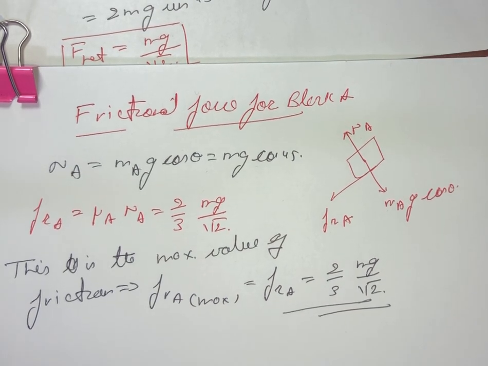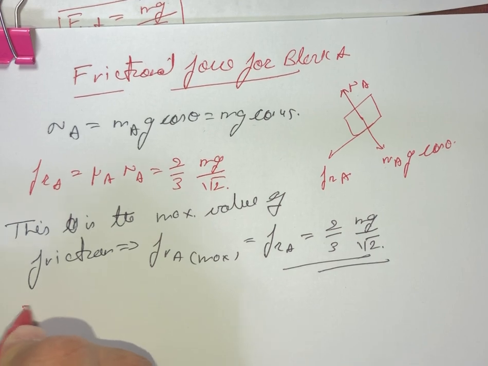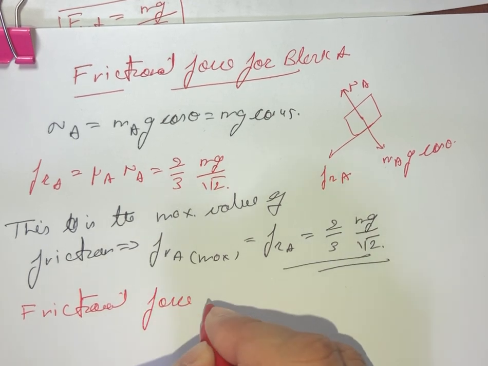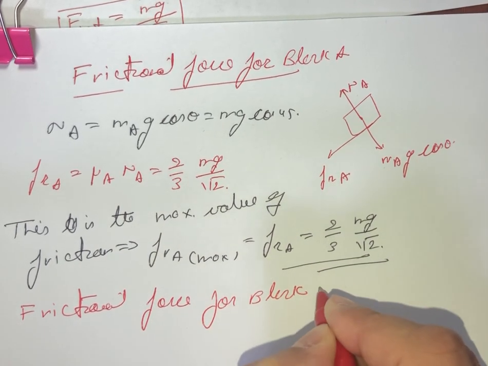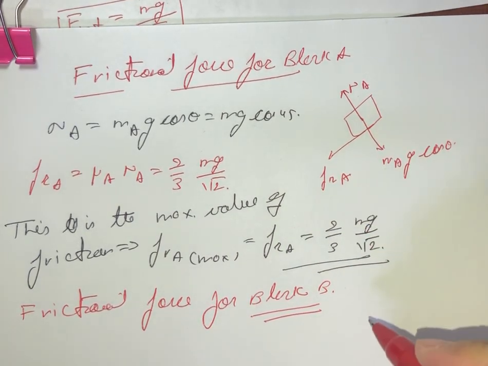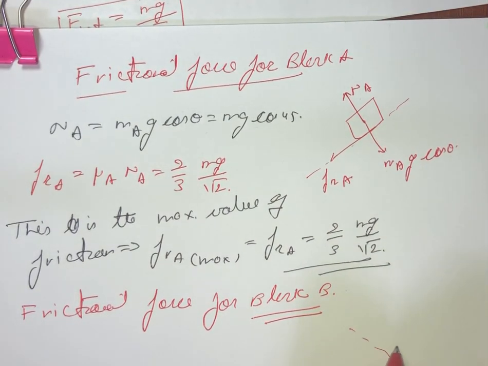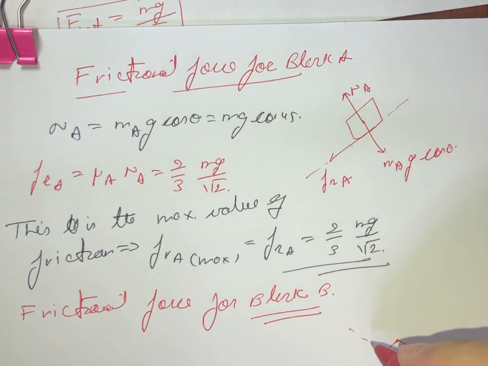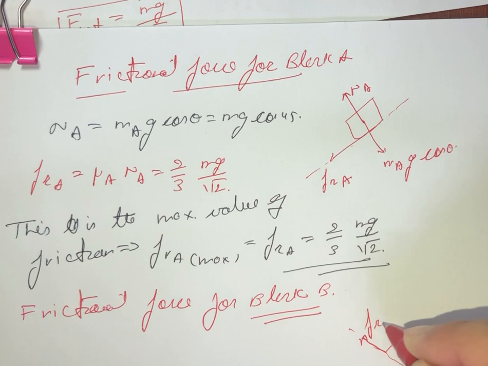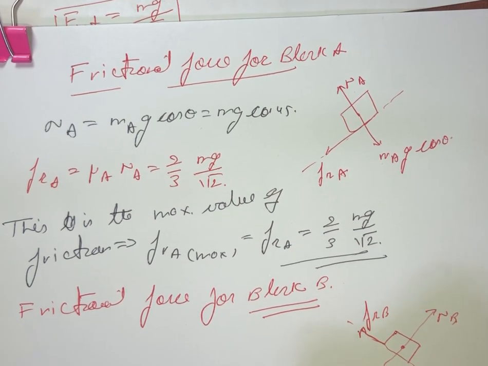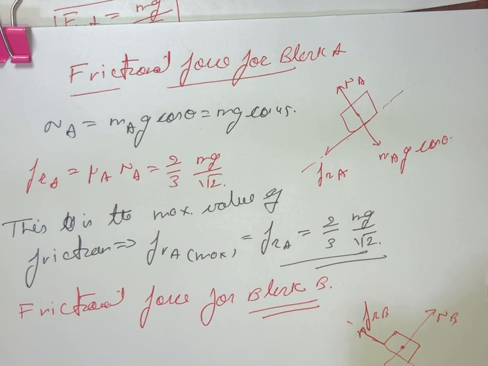Similarly, we are going to find it for block B. Frictional force for block B: block B is moving down the inclined plane, so we have frictional force, let us call it FRB, in the upward direction, and we have a normal NB, and in the opposite direction we have MBG cos theta.